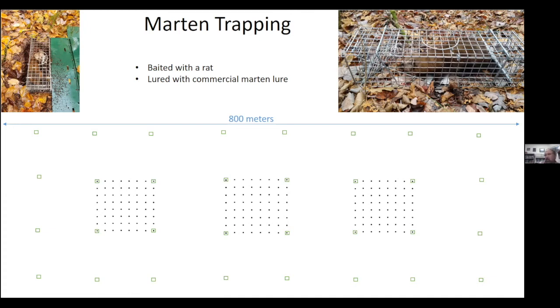So the pine marten grid is a 4x8 array with 100-meter spacing. The whole area is about 1 kilometer in length and about 0.5 kilometer wide. It's a little less, but we're sampling about 0.5 square kilometer for the pine marten, which labor-wise is moderate, but in terms of the pine marten, with how rapidly they can move, it really isn't that large of an area.